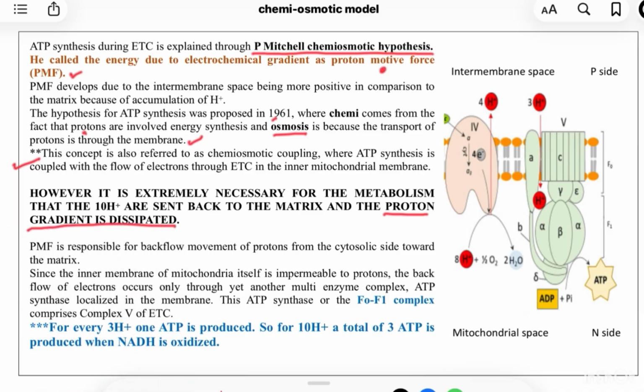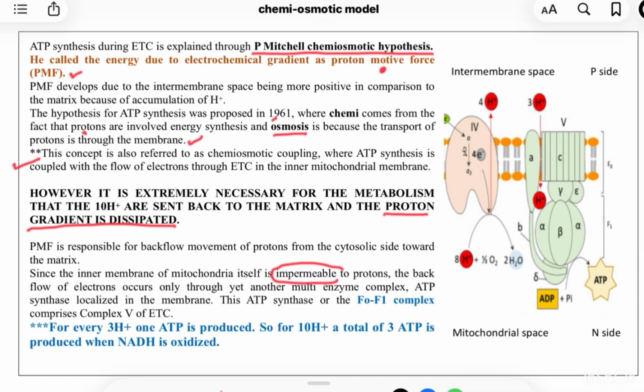Now, 3 important points must be taken into consideration before we talk about the backflow of the protons in the mitochondrial membrane. These are: 1. We should remember that the mitochondrial inner membrane is itself impermeable to the proton transfer.